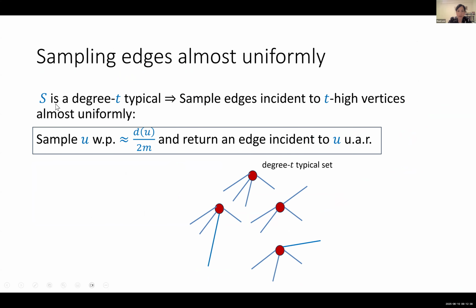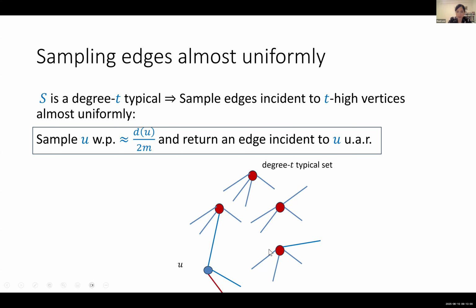So if we have S which is degree t typical, then we can sample edges incident to t high vertices almost uniformly. We first sample u with probability proportional to its degree, and then return an edge which is incident to u uniformly at random.